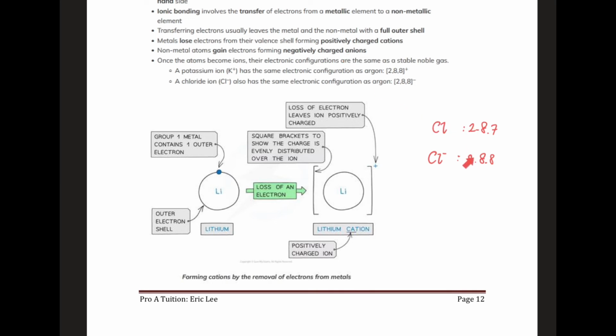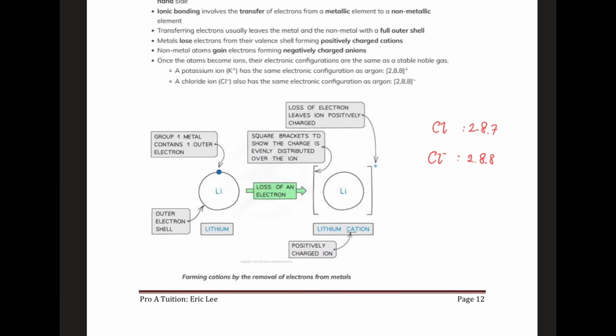Once the atoms become ions, their electronic configurations are the same as a stable noble gas. For example, a potassium ion, when it forms K+, has 2,8,8. A chloride ion, when it forms Cl-, also has 2,8,8. So they have the same electronic configuration as a noble gas.